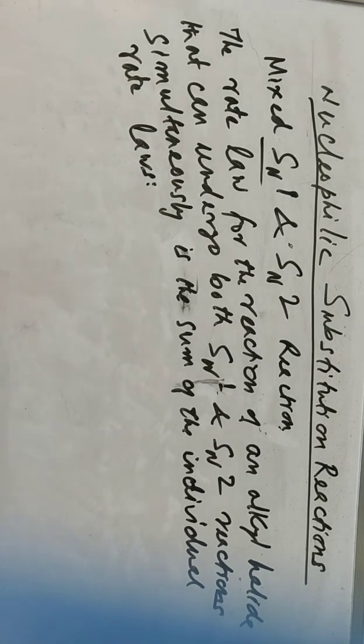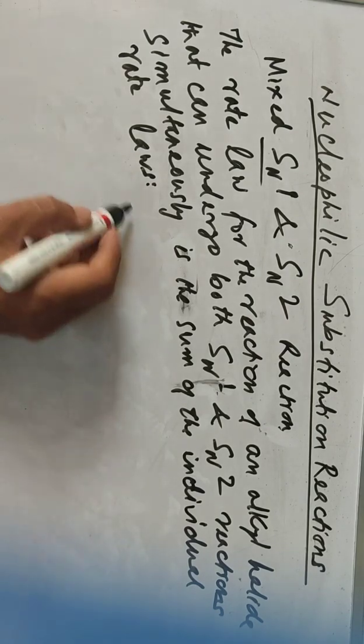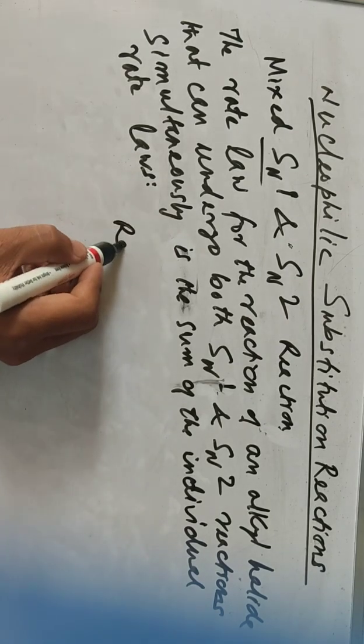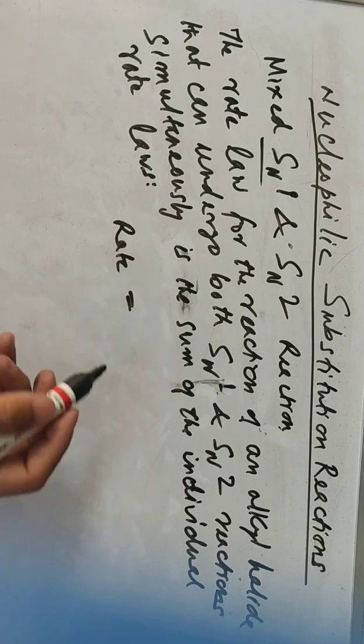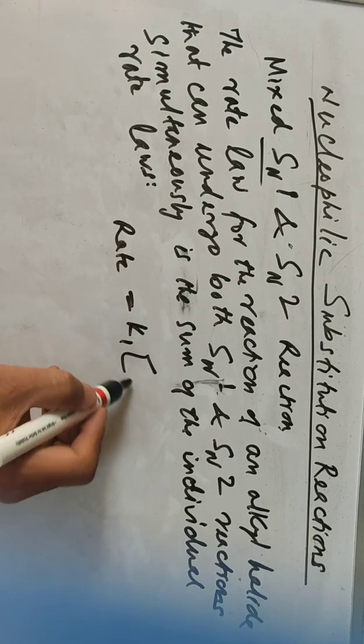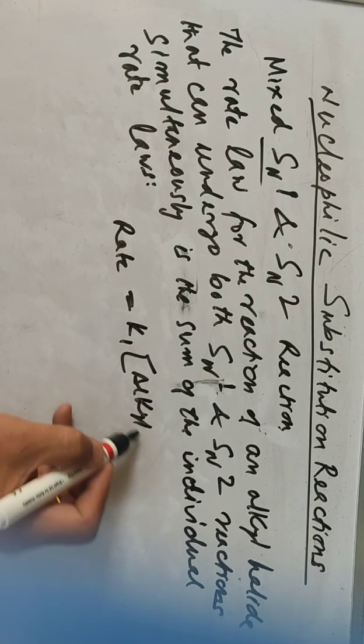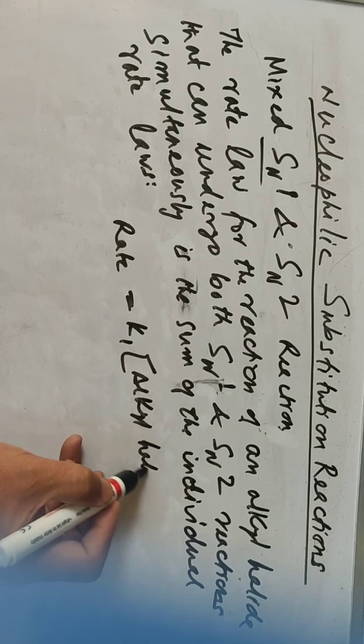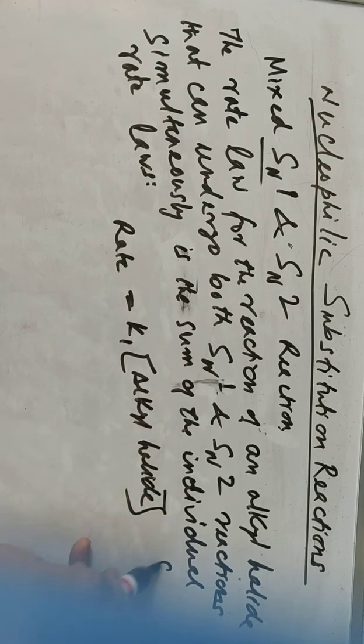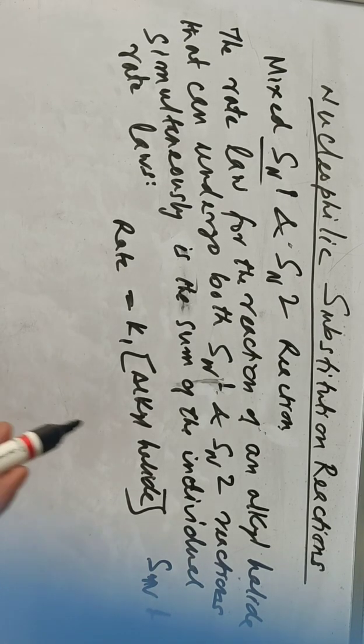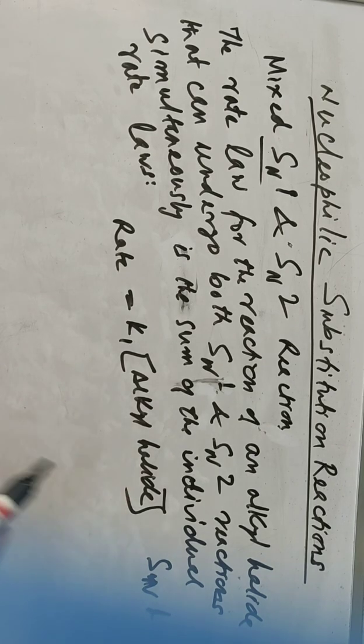For Sn1, the rate is equal to k1 times the concentration of alkyl halide. I have discussed this one, and this is Sn1. For Sn1, the rate depends on the concentration of alkyl halide and is independent of the concentration of the nucleophile.